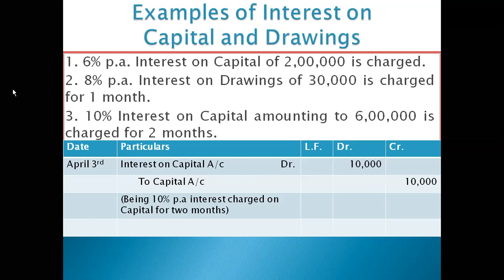Here first the 10% of the amount is calculated, that is 60,000, and then it is divided by 12 and then multiplied by 2, which gives you the total amount of 10,000. So therefore, interest on capital account debit 10,000 to capital account 10,000. So narration would be being 10% interest charged on capital for 2 months.